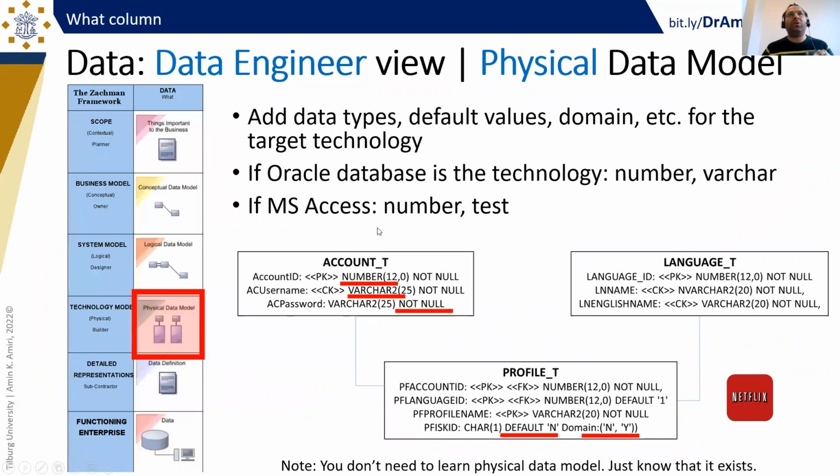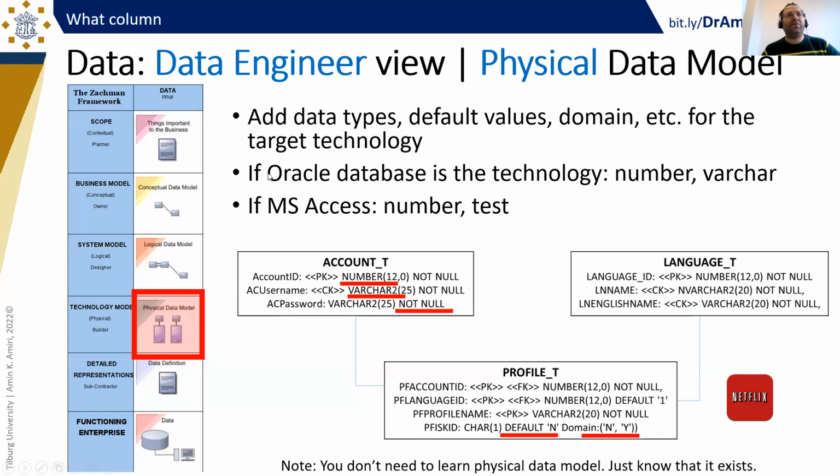Okay, how about from the data engineer's point of view? So you see that the data engineer has the same thing. It's almost like the model that you have created here, but he also adds technology-specific information.